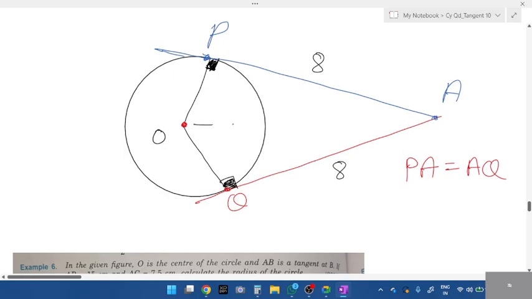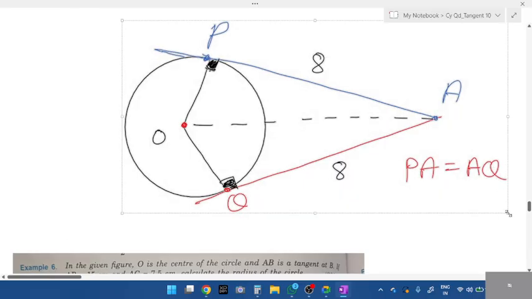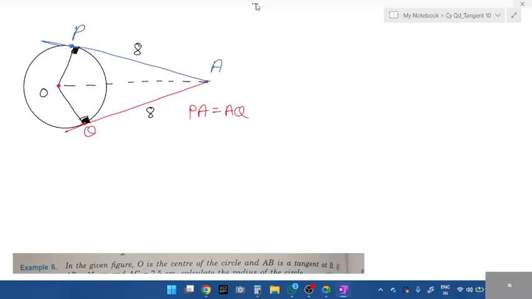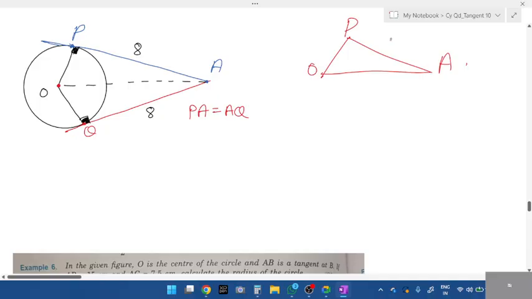Now I'll connect these two lines like this. Fine. So I have converted this into two triangles. With the help of the theorem, we can find all the angles here. What are the two triangles we have? First triangle is OPA, 8 centimeters, right angle, and they'll give you the measurement.